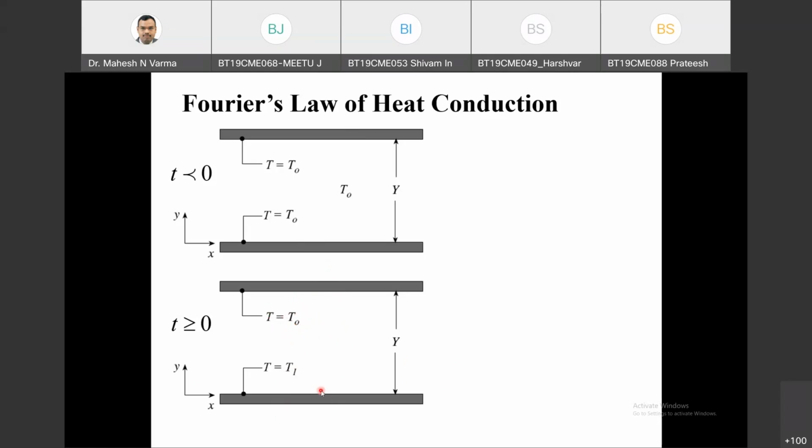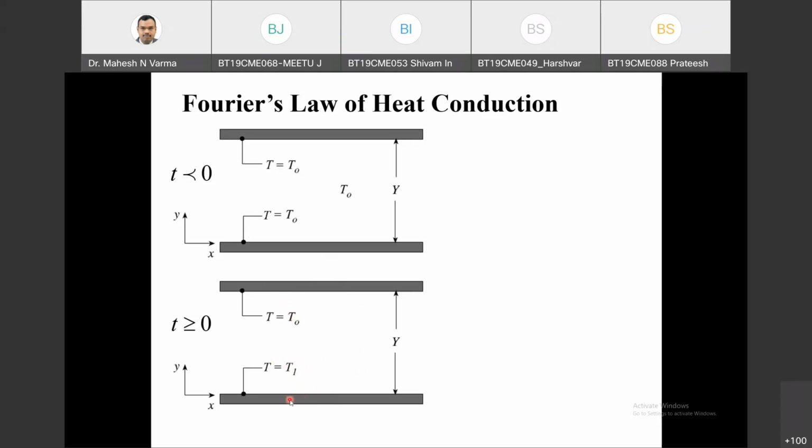Because of this conduction, this sandwich material is also solid, so the heat will be transported in the y direction. T1 is greater than T0, and heat is transported in the y direction, and some temperature profile will be set in this sandwich material. So we are discussing this sandwich material only.